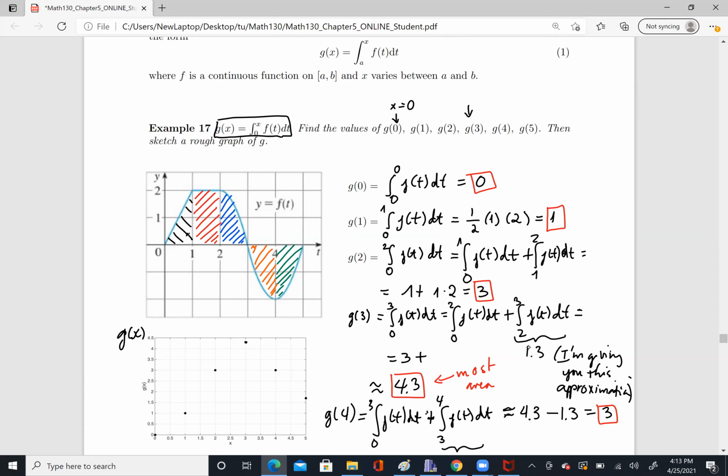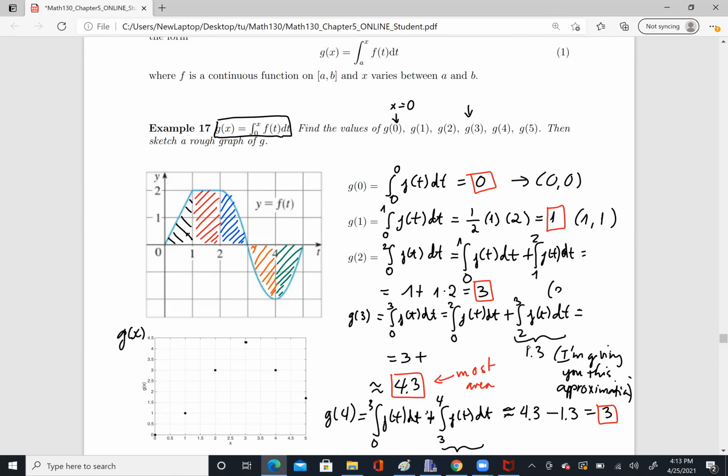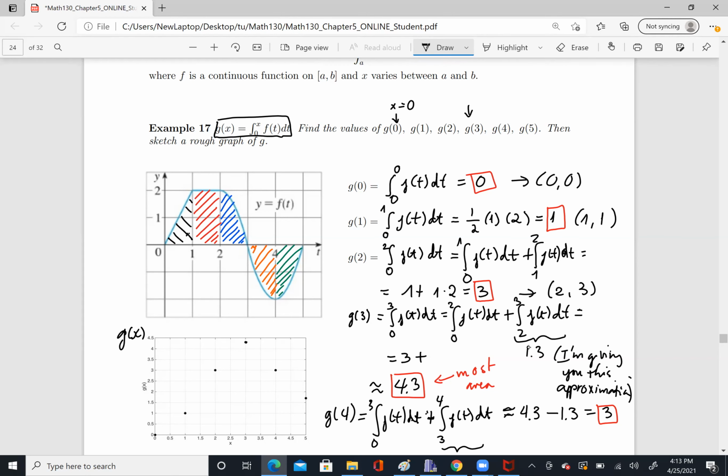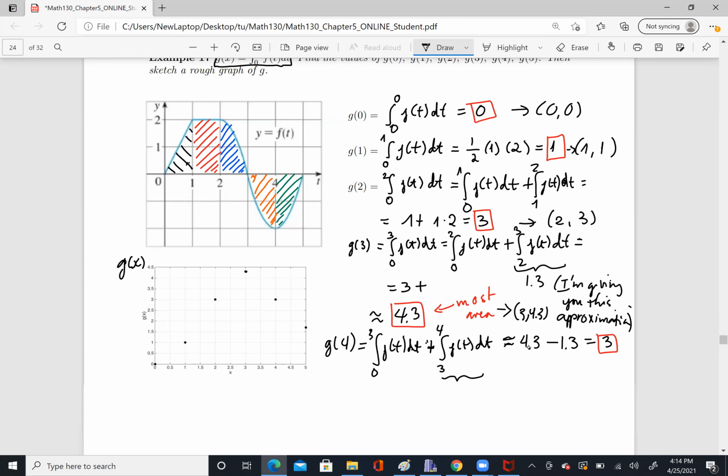I also plot some other pairs such as 0, 0, right, and then 1, 1, right, and what else? 2, 3, right? Plot for the g of x, right? And this one will give me 3 and 4.3, right? And then 4 and 3.